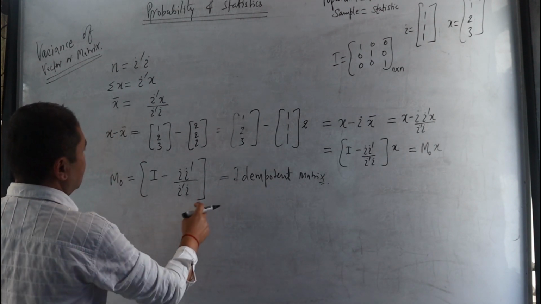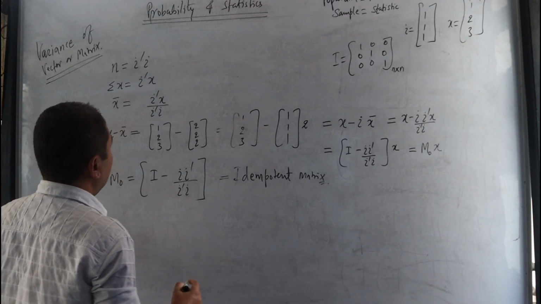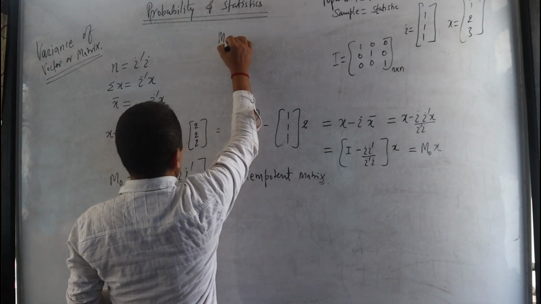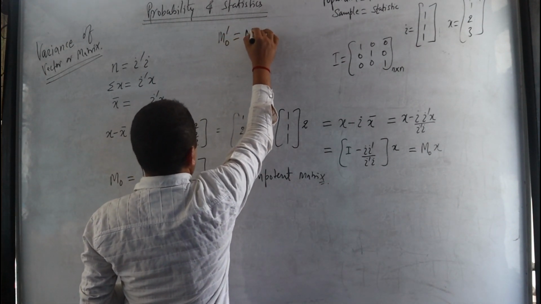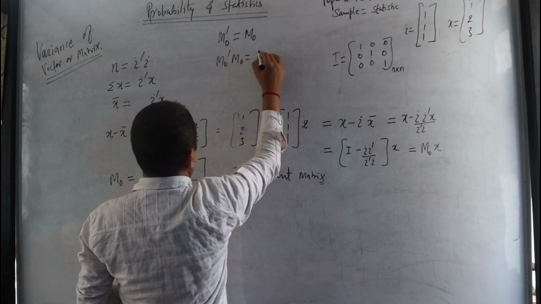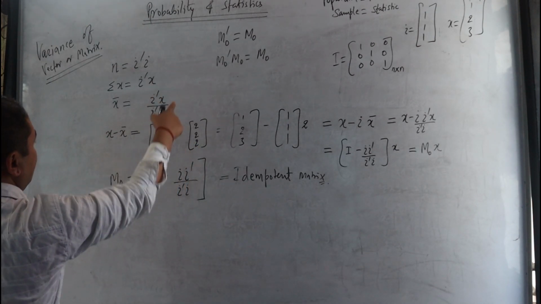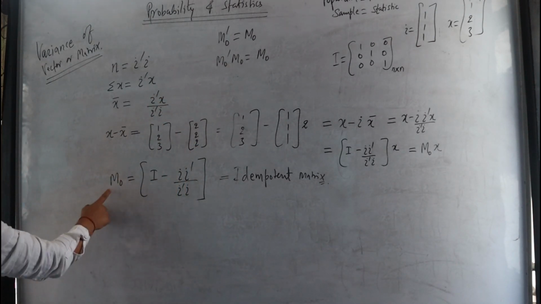Now let us see what we mean by an idempotent matrix. We have two properties of an idempotent matrix. If a matrix is idempotent, then its transpose is equal to the matrix itself, and if we multiply the matrix by itself, we get the matrix itself. These are the two properties, and we will quickly prove these two properties for this deviation from mean matrix.